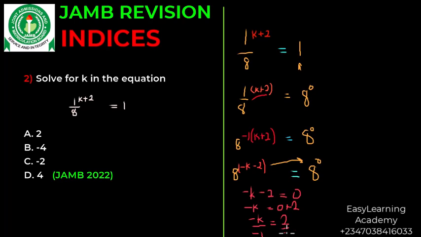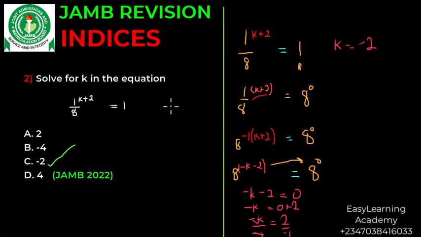Dividing, this cancels and that cancels, so k will now be equal to minus 2, because 2 divided by minus 1 is minus 2. So let's come to our options. The correct option there is C, that is minus 2.